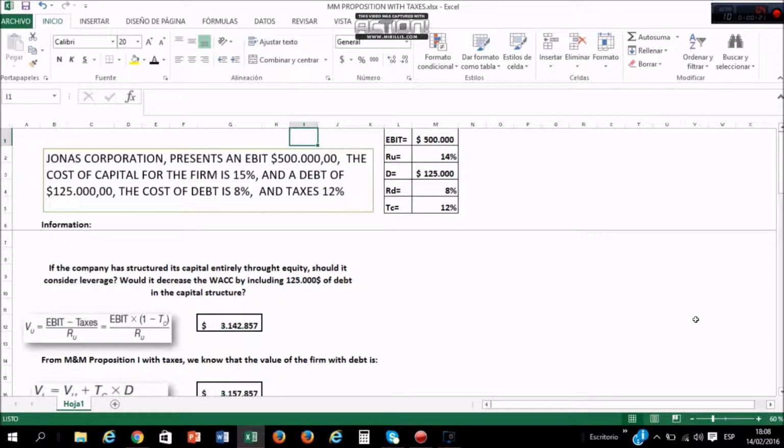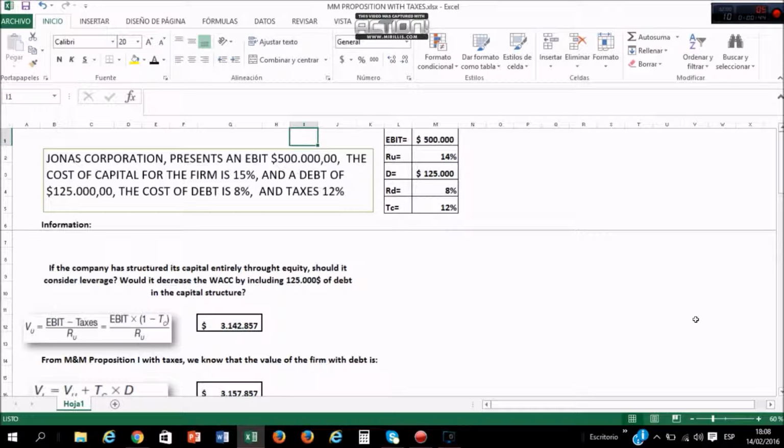The exercise says that General Corporation presents an EBIT of $500,000. The cost of capital for the firm is 15% and a debt of $125,000. The cost of the debt is 8% and taxes is 12%.